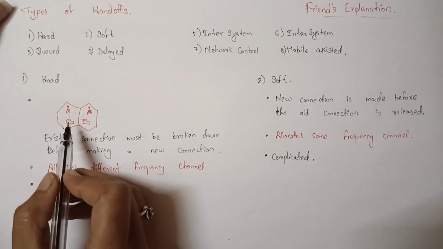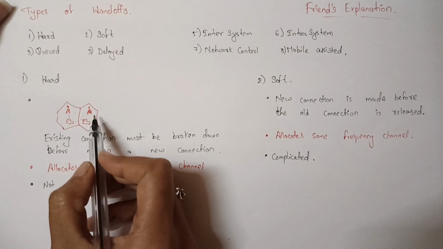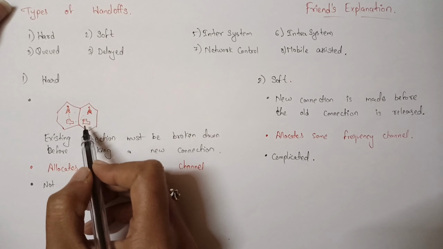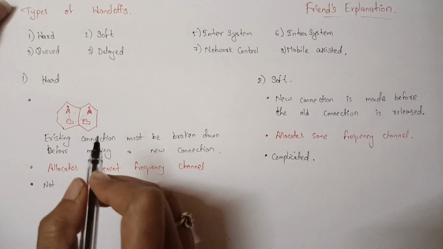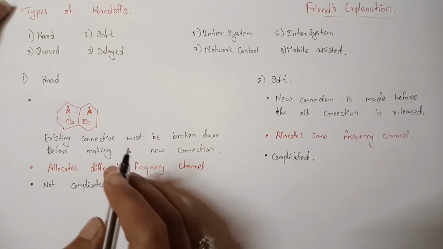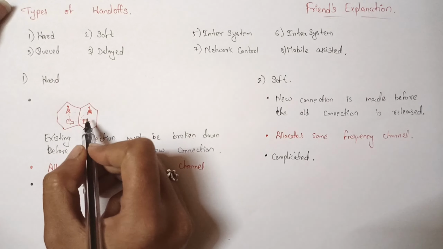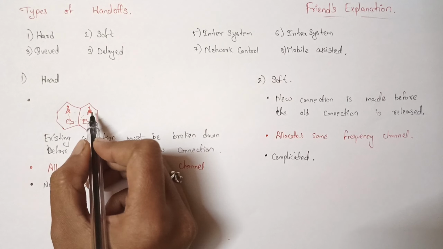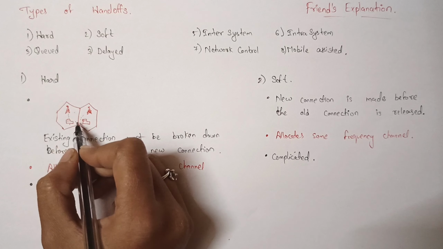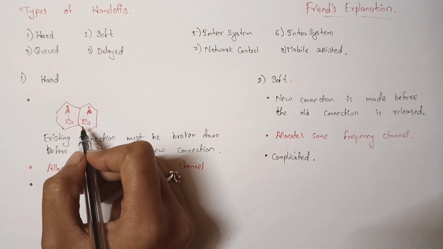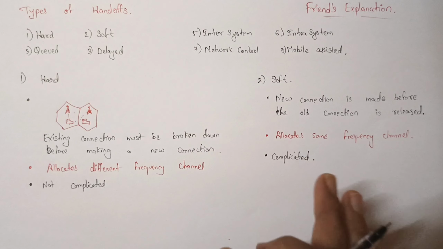So if you break the connection and after entering into a new cell, you will find the connection and you will make that connection with the channel, right? But in soft handoff, you will not have to release the connection until and unless you get a next new connection in the neighboring cell, right? So you have to search for a channel in the new cell before you release the previous connection of the channel. So this is a little bit complicated. That's why this soft handoff is complicated.